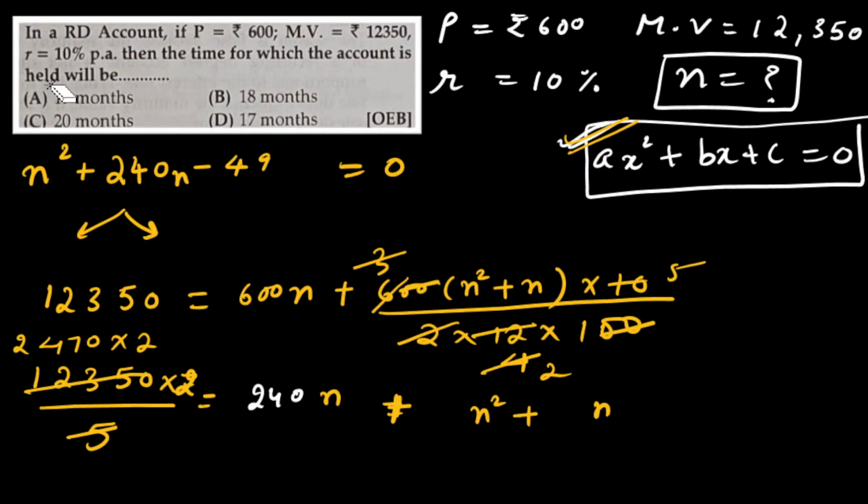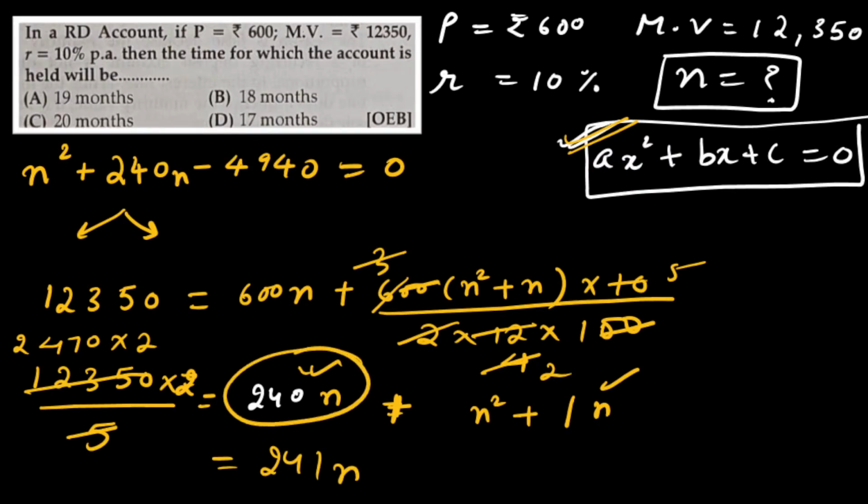So for these two like terms, one n we had to add. I think I skipped n there somewhere; wherever you have done the mistake, just correct it. One n was there, not only one. So when we add 240n and 1n, it will become 241n. So just correct the mistake.